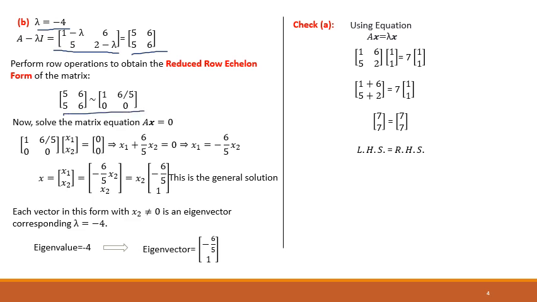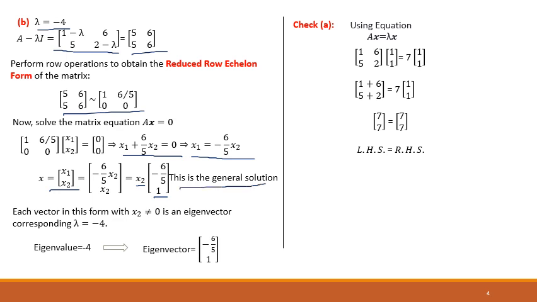Now we will perform row operations to obtain the reduced row echelon form of this matrix. Solving the matrix equation, we get x1 plus 6/5 x2 equal to 0, and x1 is equal to -6/5 x2. So putting the values of x1 and x2 in vector X and factoring out x2, the eigenvector would be (-6/5, 1).